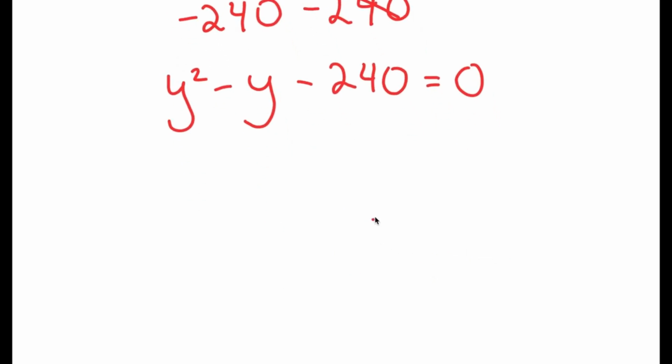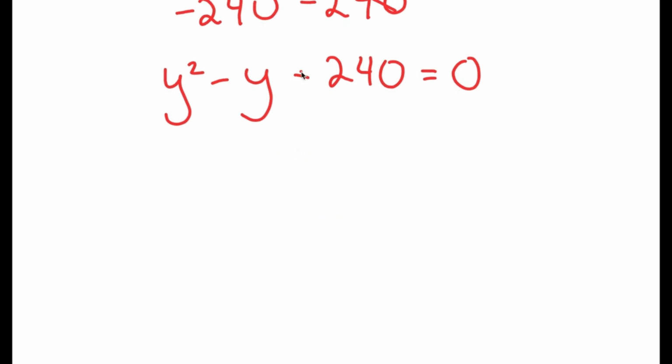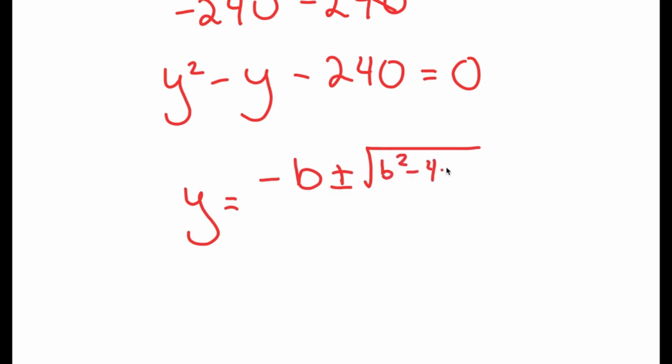So what I have here is a quadratic equation, and to find the solutions of this quadratic equation, I can use the quadratic formula. So if you didn't already know, the quadratic formula is negative b plus or minus the square root of b squared minus 4ac all over 2a.